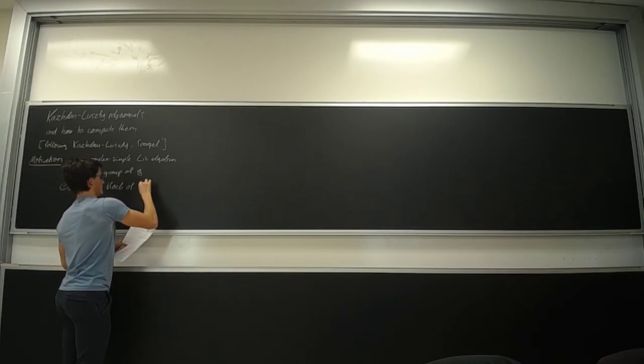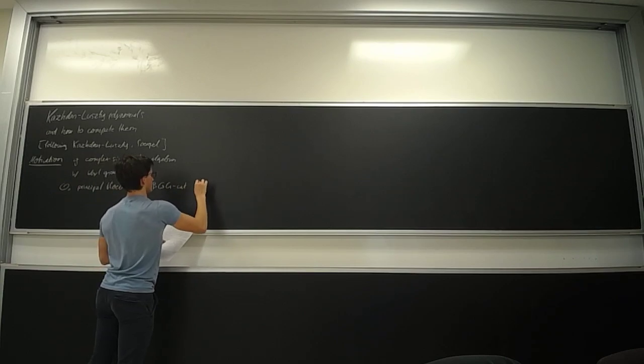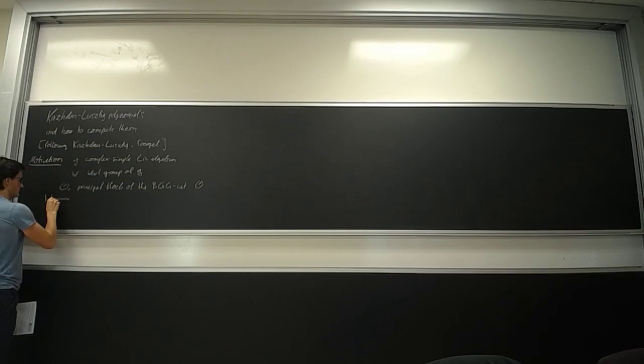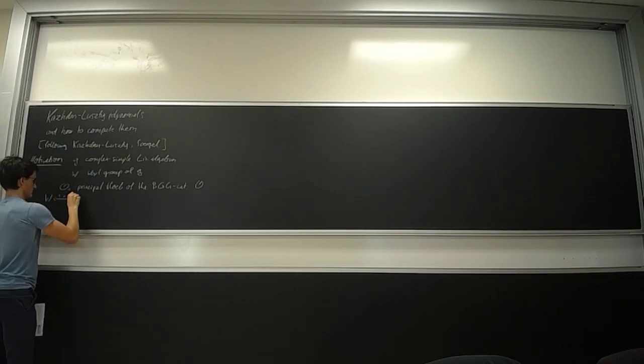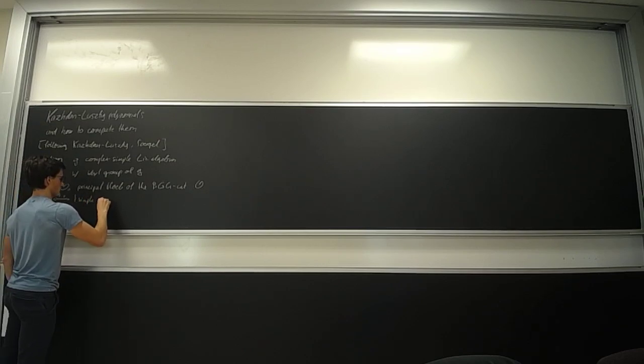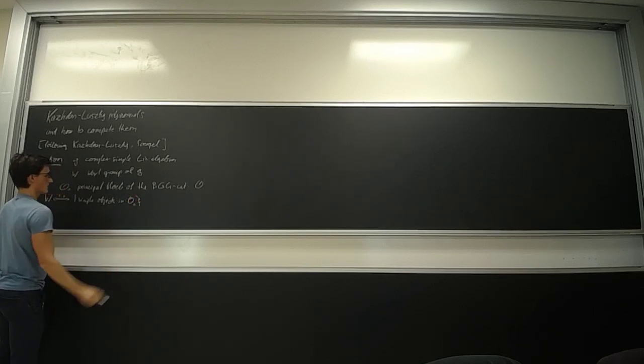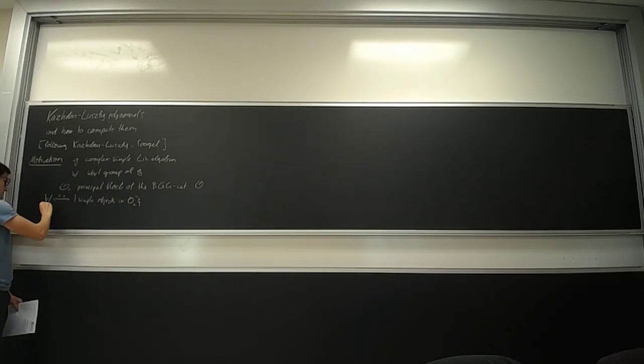Of category O, and in there we have simple objects indexed by the Weyl group. Simple g-modules in the principal block are in bijection with the Weyl group, and we write x goes to L_x.